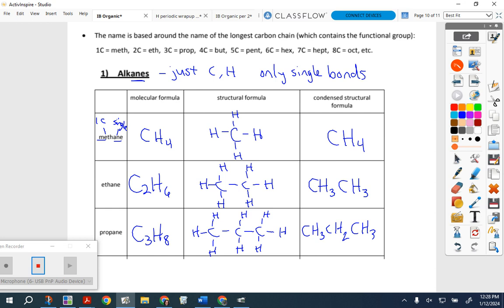So what you're doing is you're painting a picture with this written condensed structural formula of what it would look like. So you should be able to look at a condensed structural formula and say, okay, I've got a methyl group, I've got a CH2, and I've got a methyl group on the end, and that's the whole thing. Okay? Should be able to picture it from looking at the condensed formula.